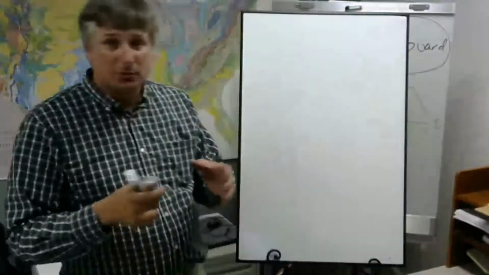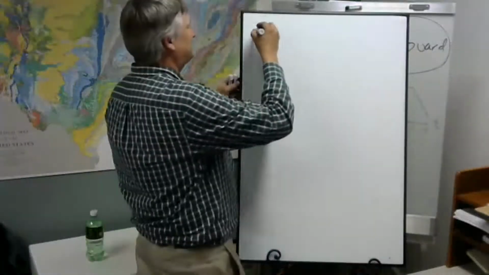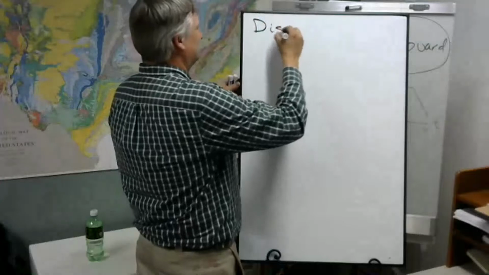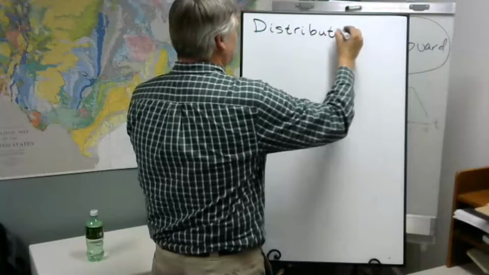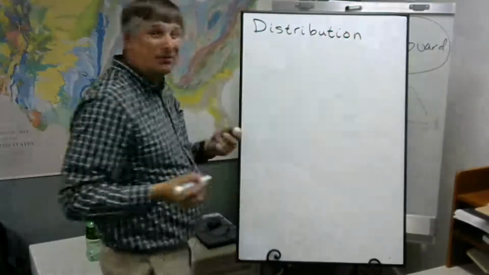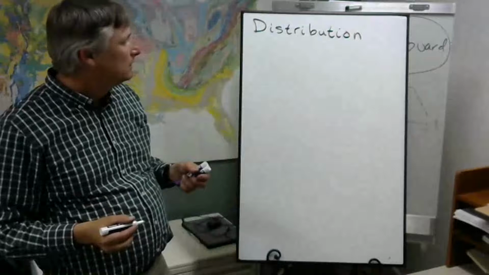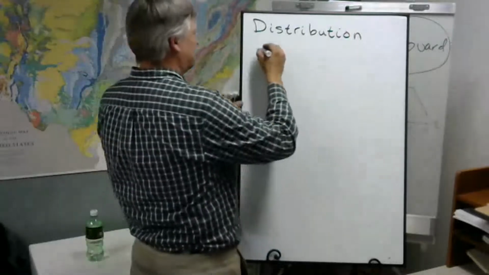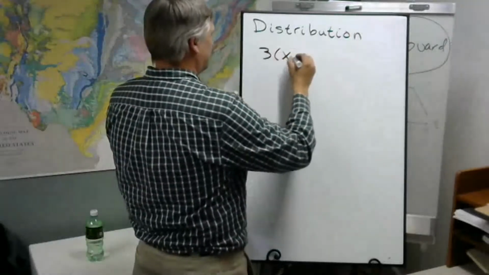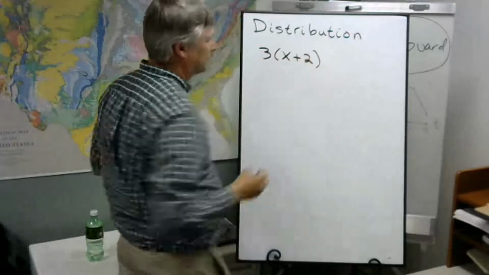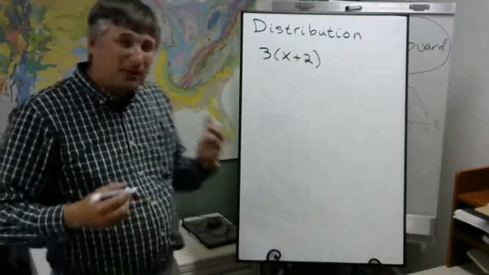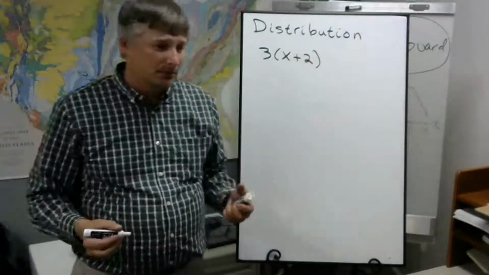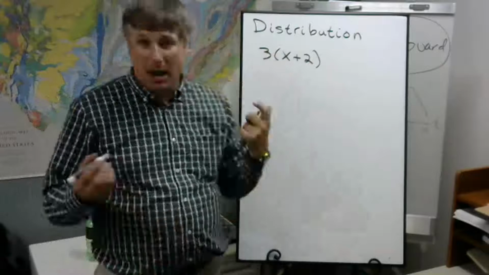Now, a trick we can use is distribution. So how does distribution work? Well, let's say we have this. Three times x plus 2. Now think what multiplication means. For example, 3 times 5.